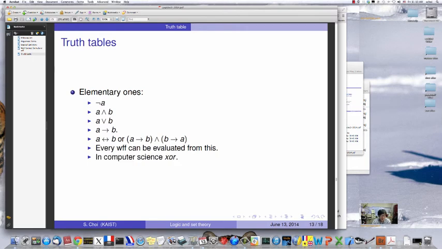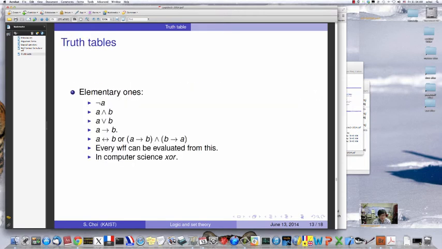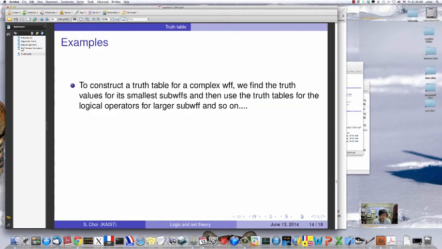Sometimes in computer science you use XOR or NAND, but we will not be using these. To construct the truth table for a complex WFF, we find the truth table for its smallest sub-WFFs, and then use the truth tables for the logical operators to get the value for larger sub-WFFs, and so on. So you keep building it.